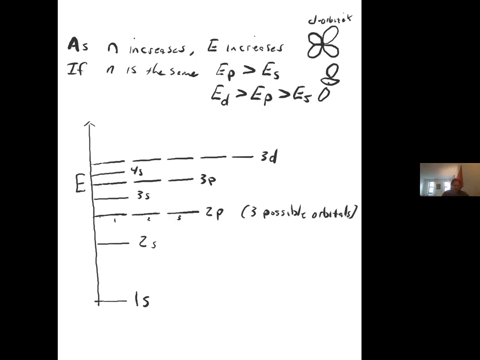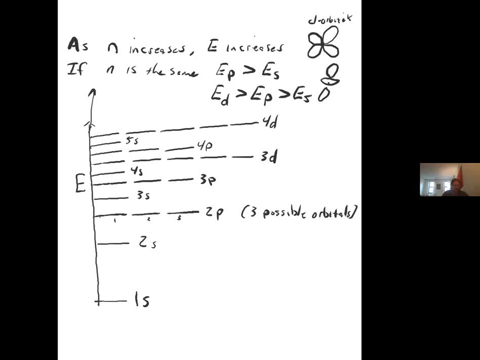So what's the next one? The next one is 4p. And then the next one is 5s. And then the next one is 4d. And then I'm running out of room up here. So let's do this one.